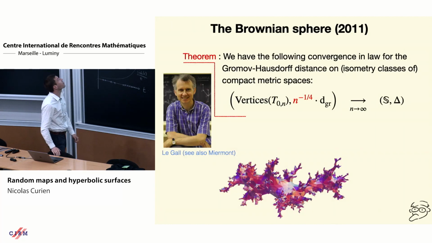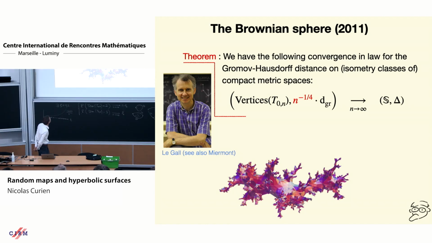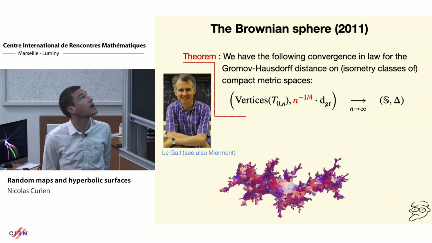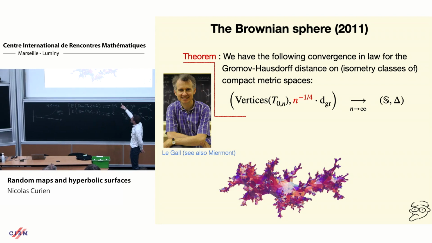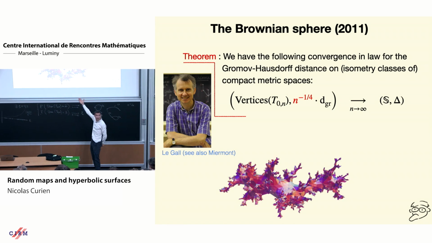And the big theorem that goes with those pictures is the theorem of Jean-François Le Gall, back to 2011. If you look at this triangulation as a graph, so you equip its vertex set with the graph distance, then the take-home message is that the order of magnitude of the diameter is n to the 1/4. And this is a random variable.